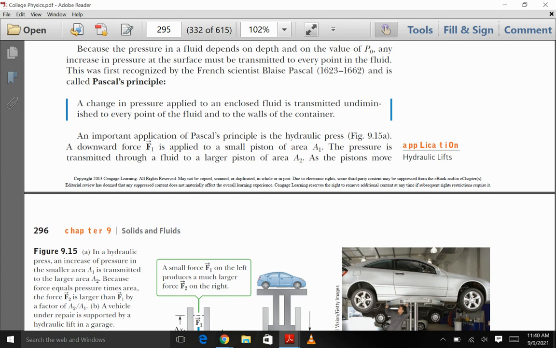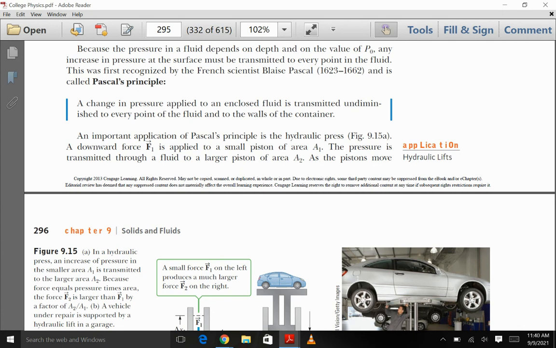I'm going to feel the pain to some extent. So why have I felt the pain even though the sachet is on top of my head? I felt the pain because the pressure that was increased at the surface of that water sachet has been transmitted to every point of the fluid, and so I've been able to feel the pain.